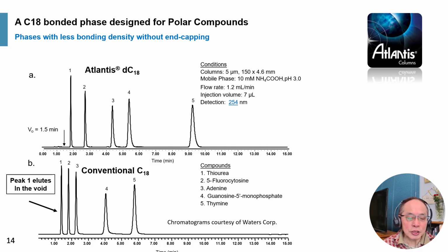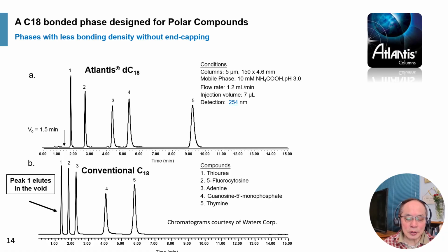And the strategy in the bonded phase design is instead of trying to bond fully, there's less bonding density. And also the bonded phase does not go through the end capping process.